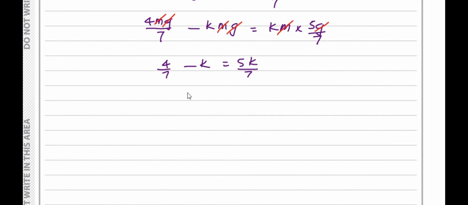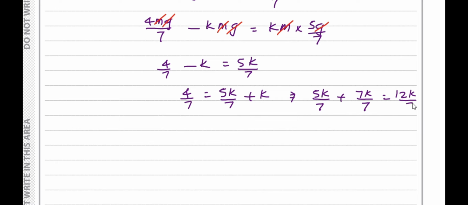That means 4 over 7 is equal to 5k over 7 plus 1k, which is equal to 5k over 7 plus 7k over 7, which is equal to 12k over 7. Now 4 over 7 is equal to this. Therefore, k should be equal to 4 over 7 times 7 over 12, which is equal to what? 4 over 12 is going to be 1/3. So underline your answer.